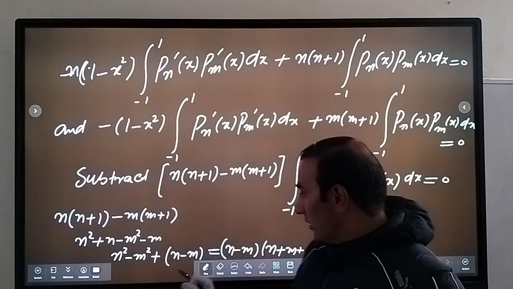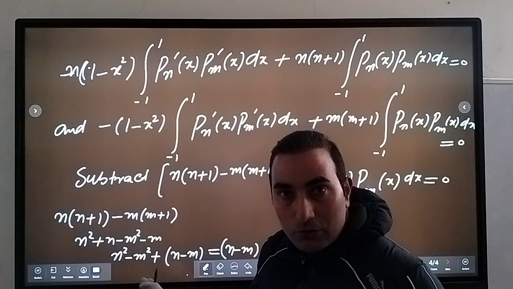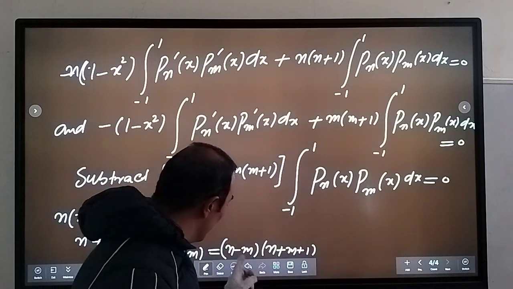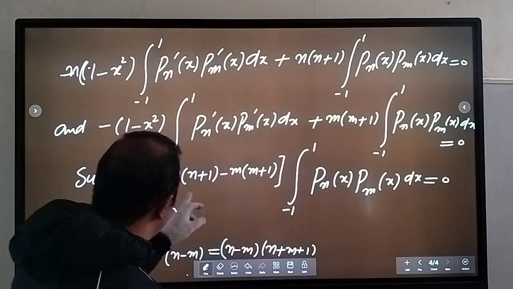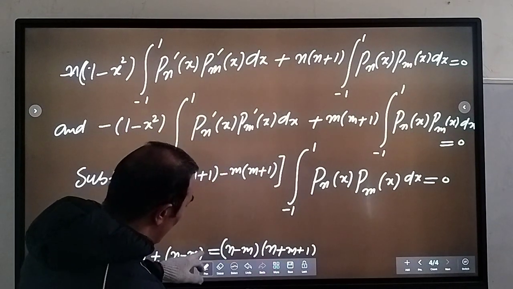Now you can write a square minus b square as a plus b times a minus b. Then you take a minus b common, that's n minus m common. So inside will be n plus m plus 1. So instead of this term, I can write this whole term, right?